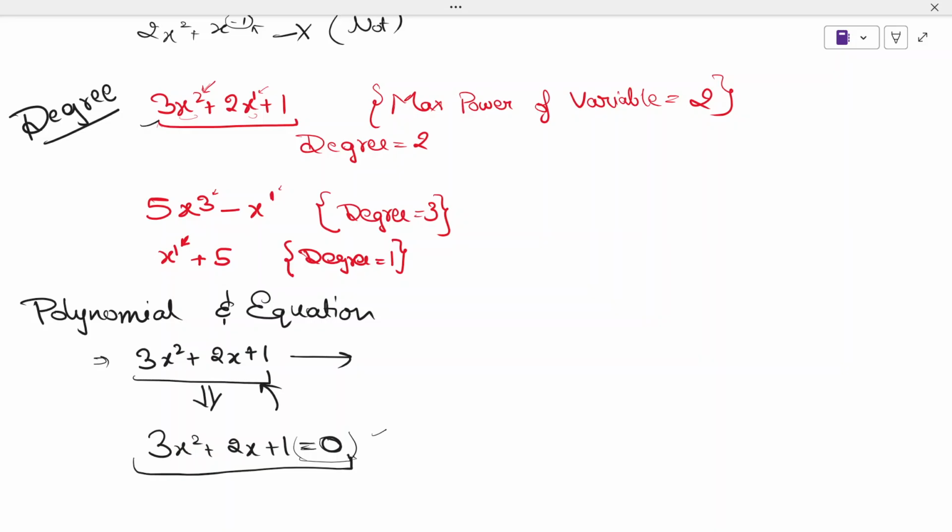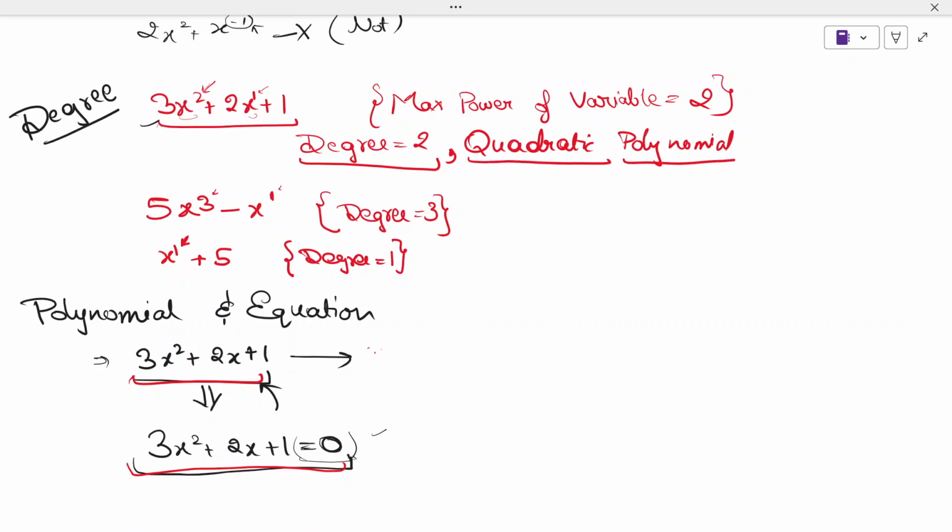This is a degree 2 polynomial. We know this is a degree 2 polynomial. Now I'm going to tell you one thing. These degree 2 types of polynomials are known as quadratic polynomials.